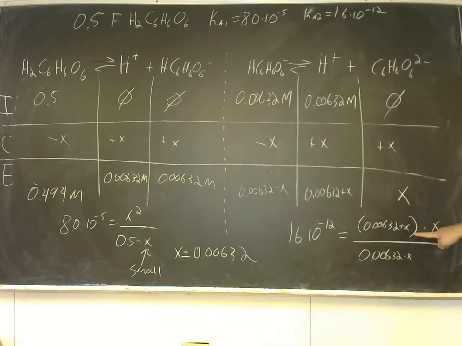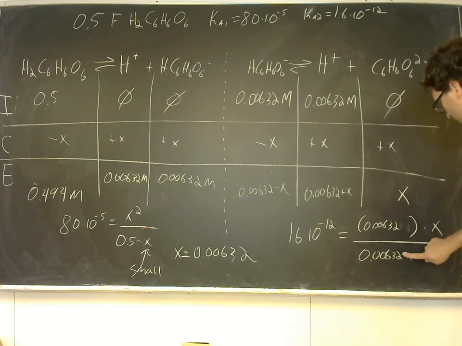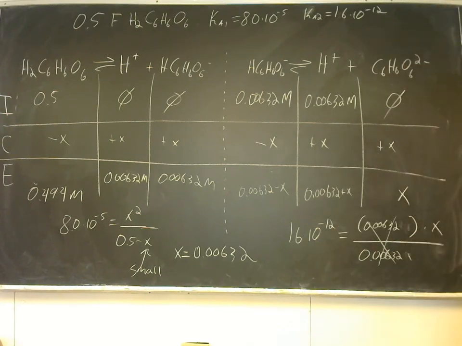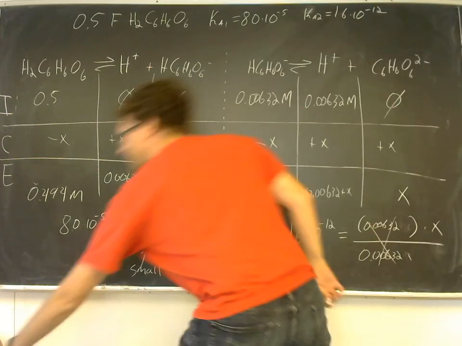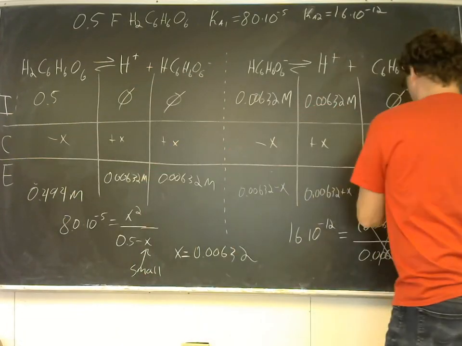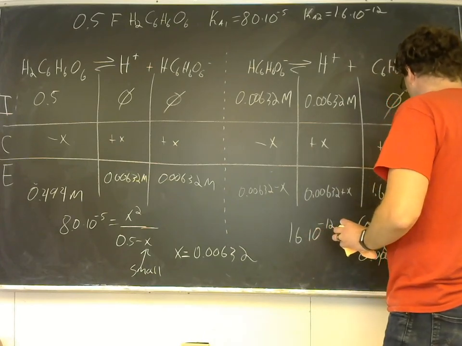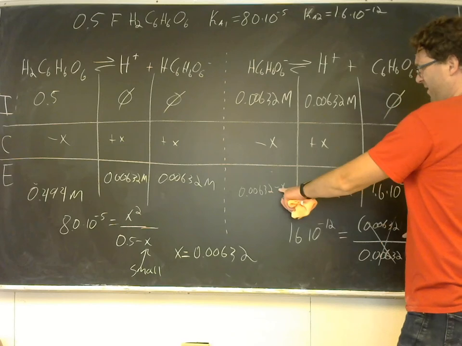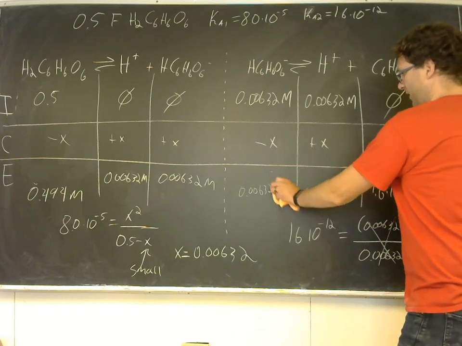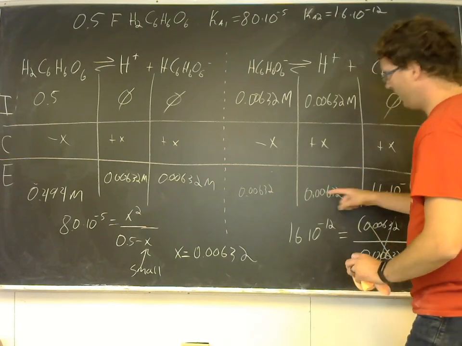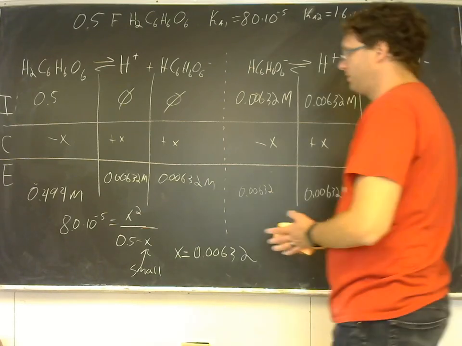Now if we assume that the x's here are small, then we can ignore them. And those cancel out. And x here is just equal to 1.6 times 10 to the negative 12th. It's as easy as that. So I can put x here as 1.6 times 10 to the negative 12th. And that's not going to affect these concentrations at all. 10 to the negative 12th is a teeny tiny number compared to all of these other numbers. And so now we're done.